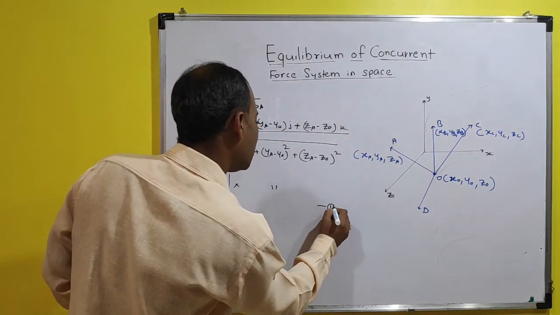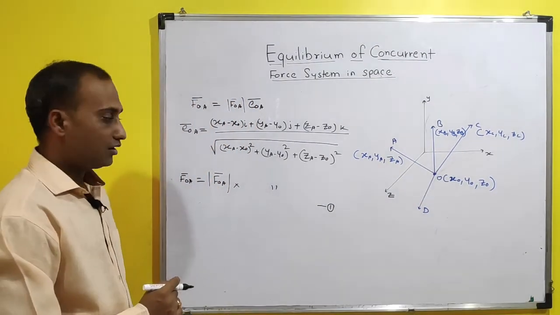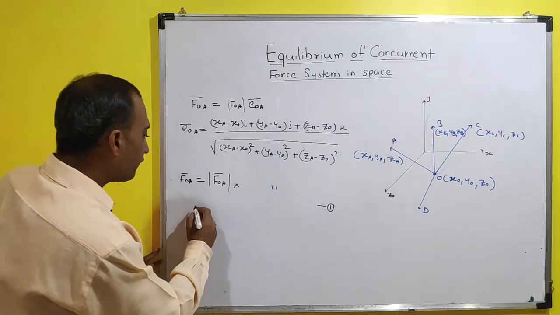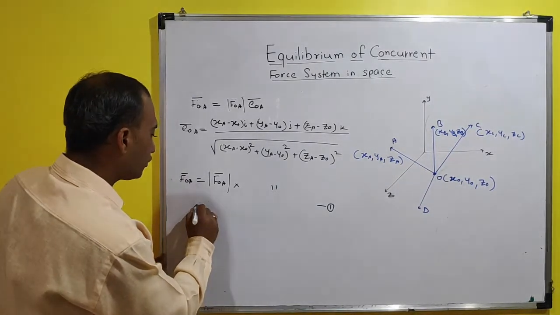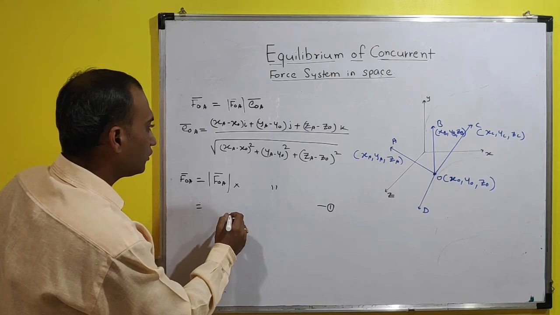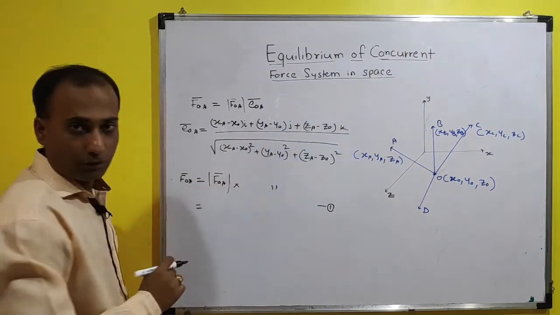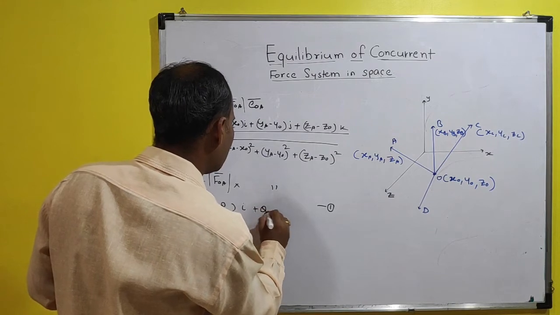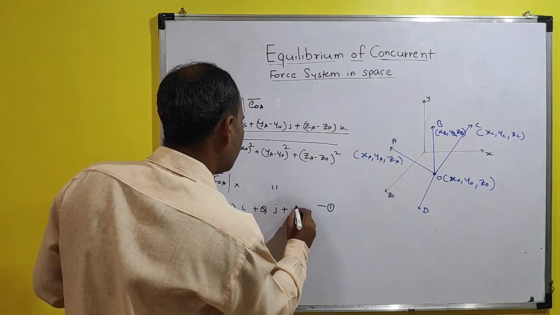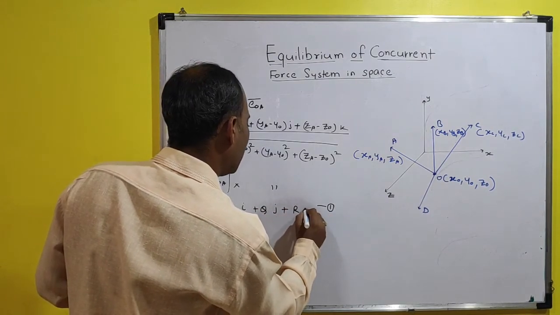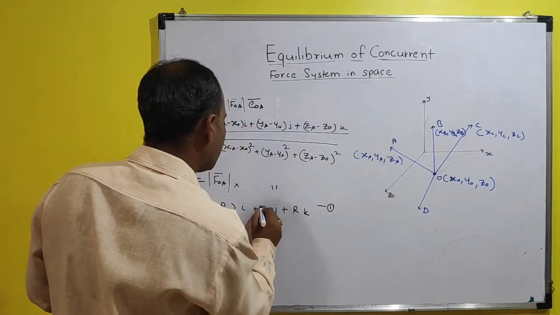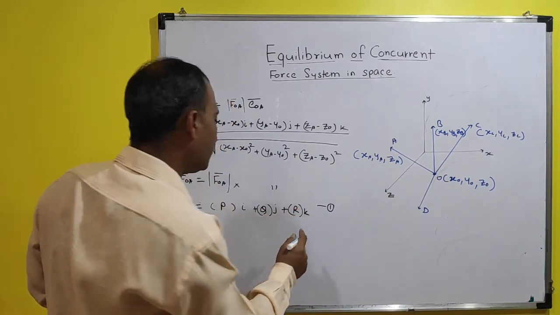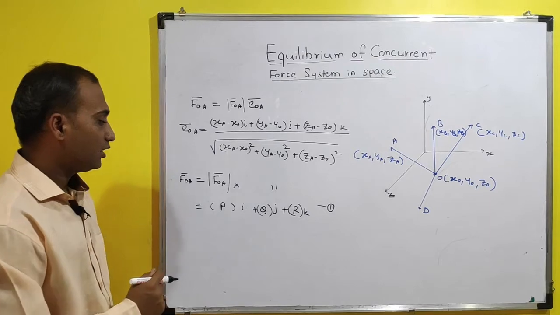Let's consider this equation number 1, and this equation finally we have to convert into IJK form. So let's say this is Pi plus Qj plus Rk. So some value you are going to get in the equation like this.